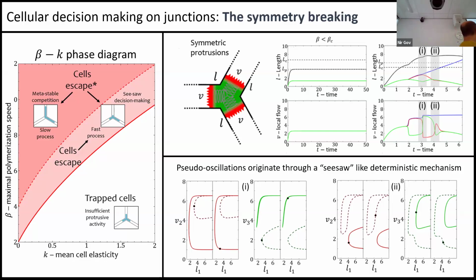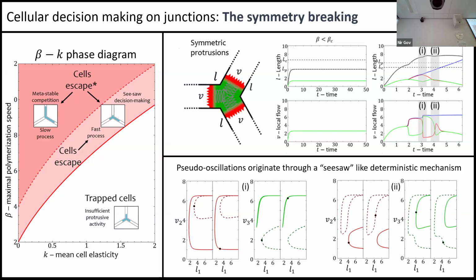Just to tell you a few words about the level of activity that we work with. As a function of the level of activity, this parameter beta of the cell, and you can also look at the elasticity, which determines how large the cell is. If the activity is too low, let's say for a given elasticity of the cell, then the cells are trapped.